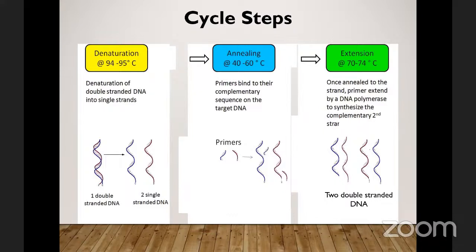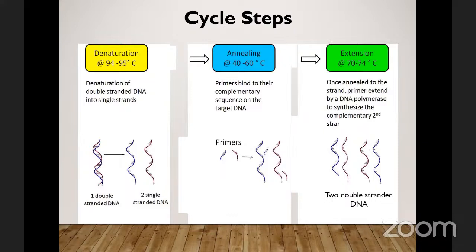And the next cycling step is annealing. Annealing is that stage where the temperature lowers to around 40 to 60 degrees Celsius, sometimes 62 to 72 degrees Celsius, depending on the reagent or the enzymes you are using. In annealing, what happens is simply primers binding to the template DNA.